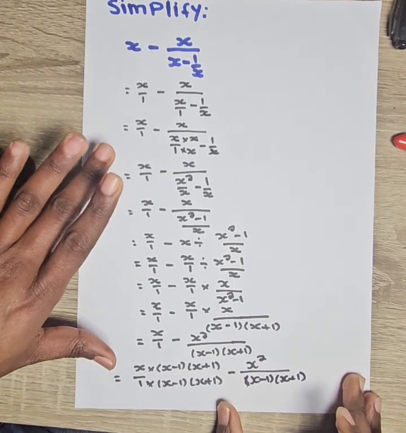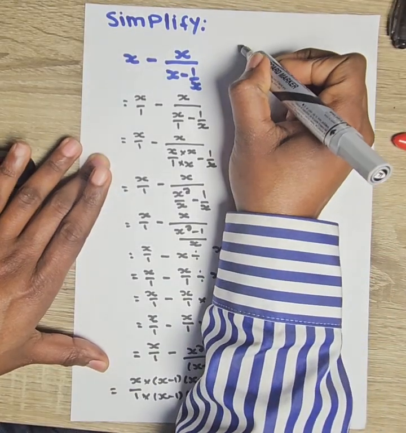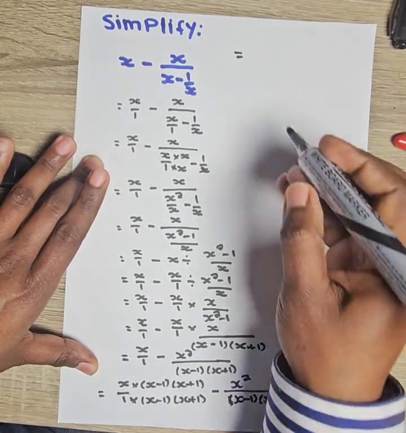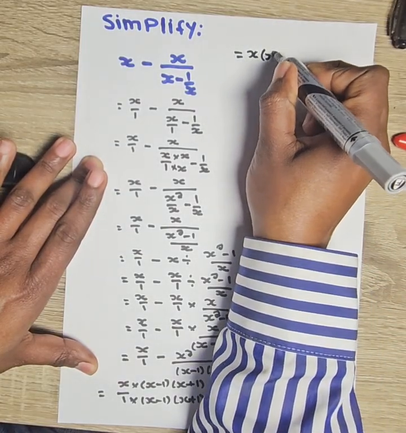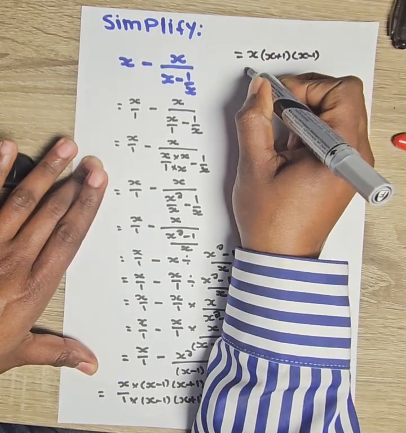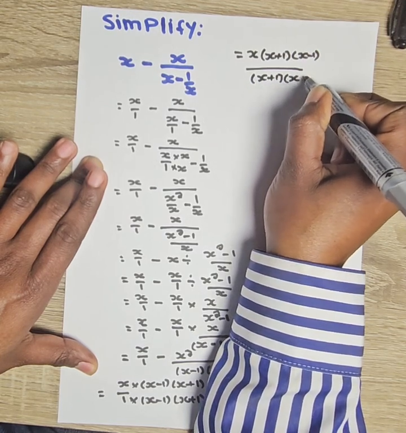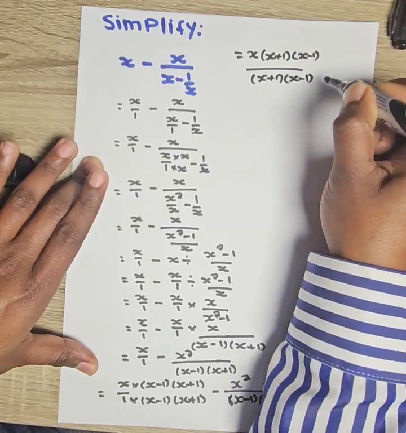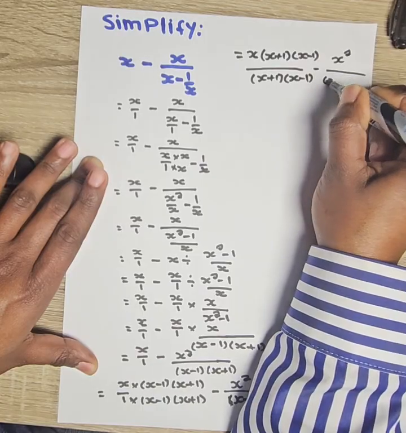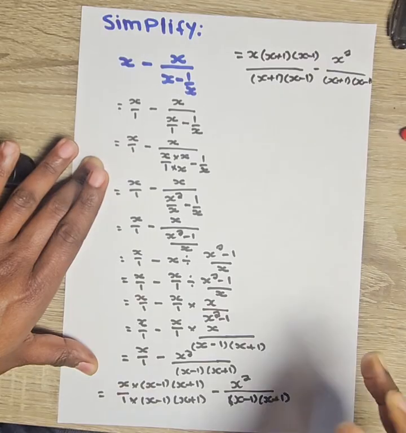Now you have the same denominator. Well, we're going to therefore simplify it. This simplifies to x times x plus 1 x minus 1 over x plus 1 times x minus 1 minus x squared over x plus 1 x minus 1.